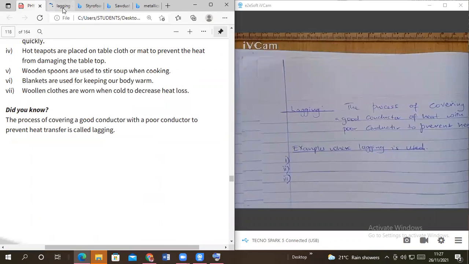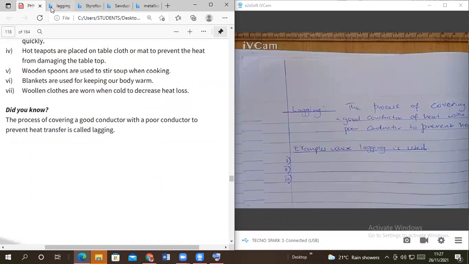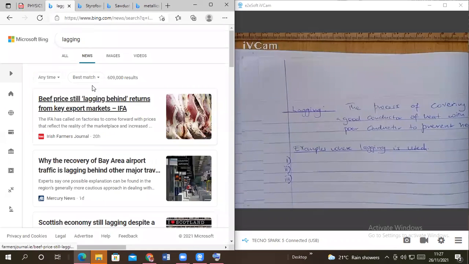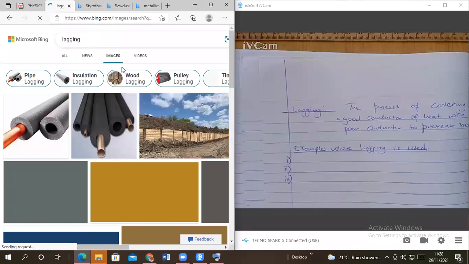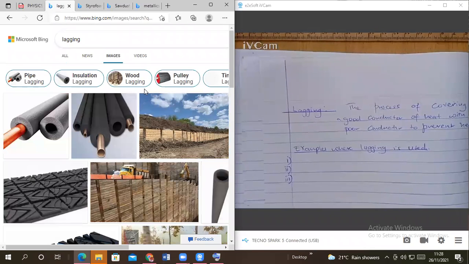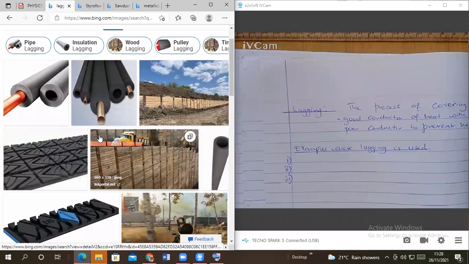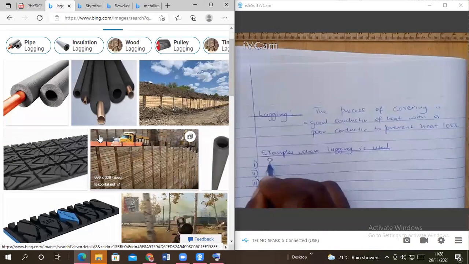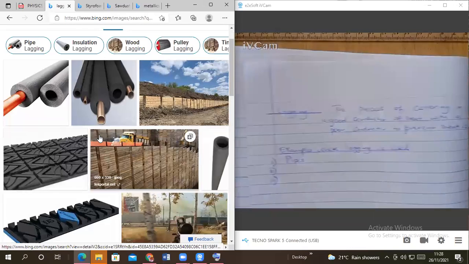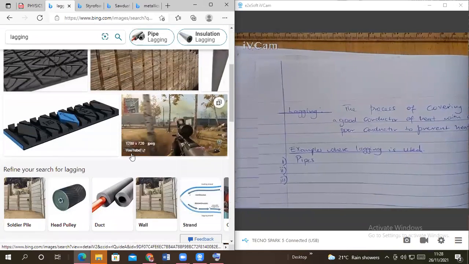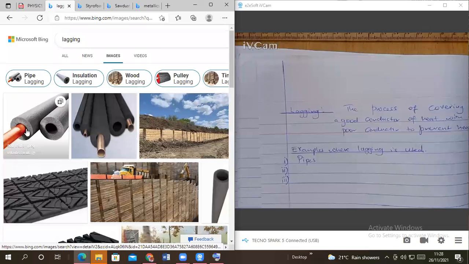Before I show you, okay, examples. So we have pipes. Are we together? Yes, we have pipes. You can see that this is a pipe inside.